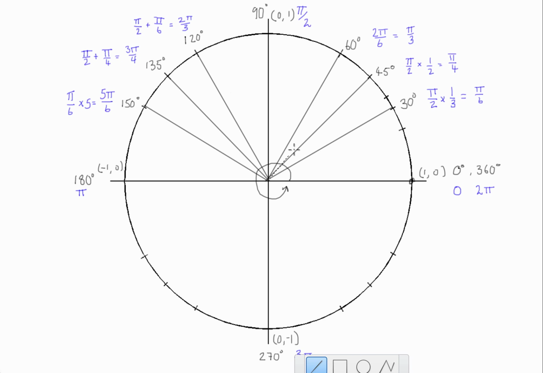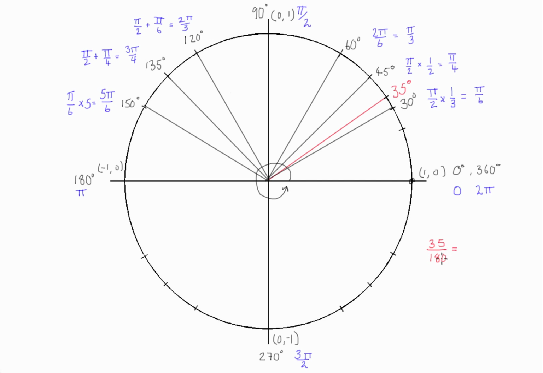The angle 35 degrees. Cool. So what I'm going to do, I'll do it down here. Now 35 degrees is, as a fraction of 180, 35 over 180. Now, we have to simplify this.